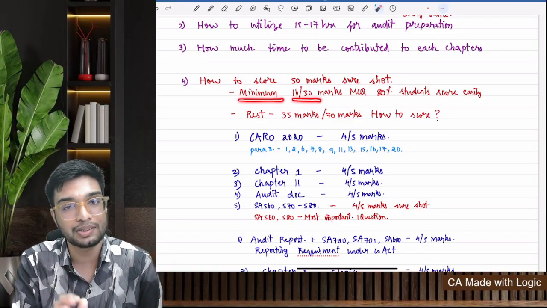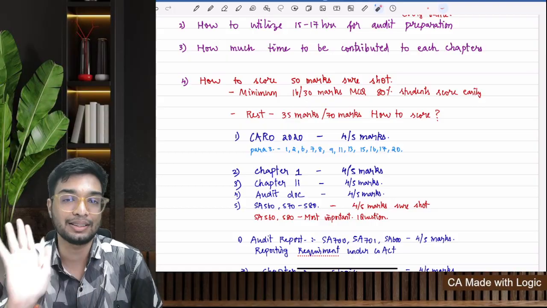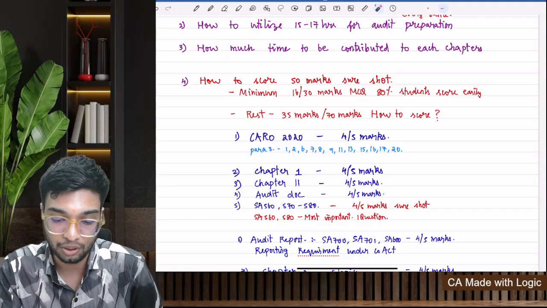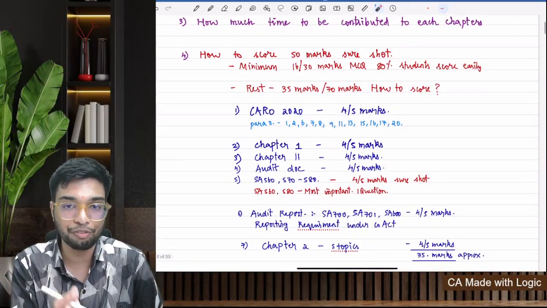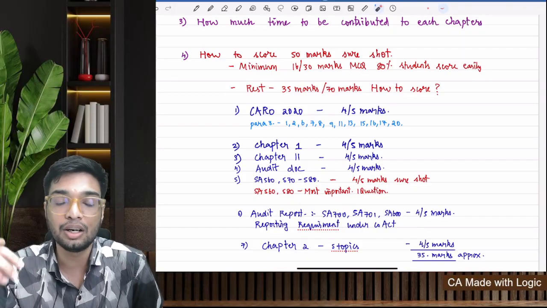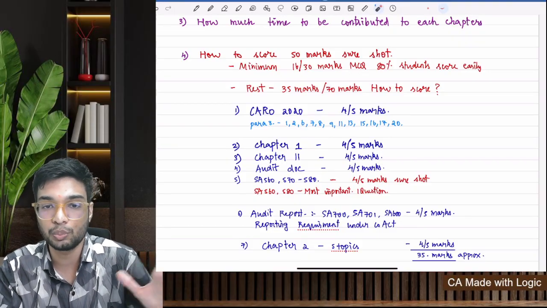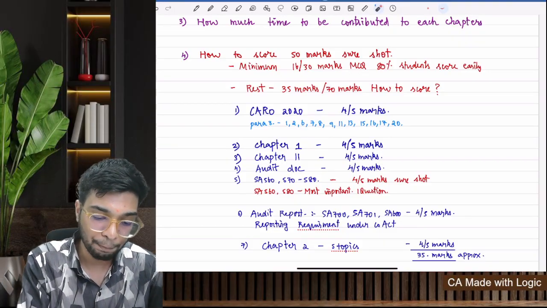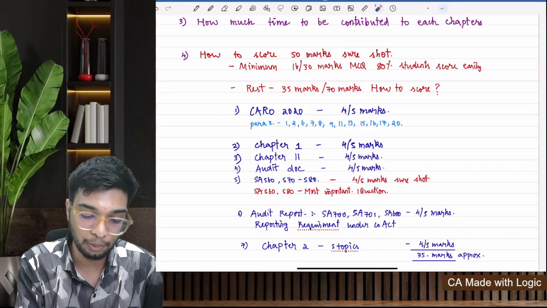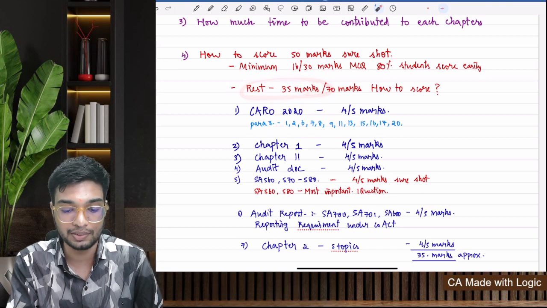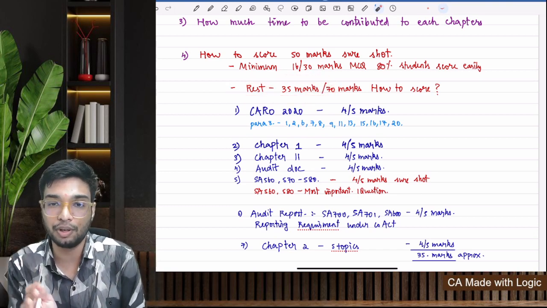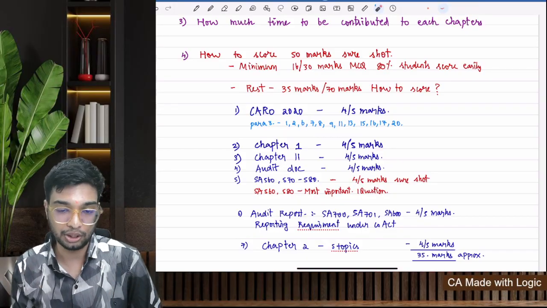Students are able to secure at least 16 marks out of 30 in the MCQ part. Then only 24 marks are needed from the rest to get the passing marks, which is 40. Apart from that, we will not target just 24 marks. We will keep it as 35 marks. From which chapters, if we learn these 35 marks, we will be able to secure it.